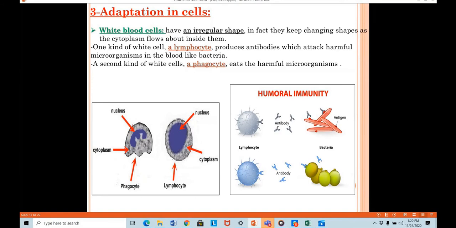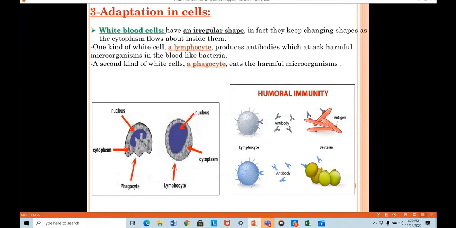Very good. So what does the lymphocyte do? It produces antibodies which attack harmful microorganisms in the blood. Yes, it produces a liquid that attacks any harmful bacteria that enters the body. Yes, very good.